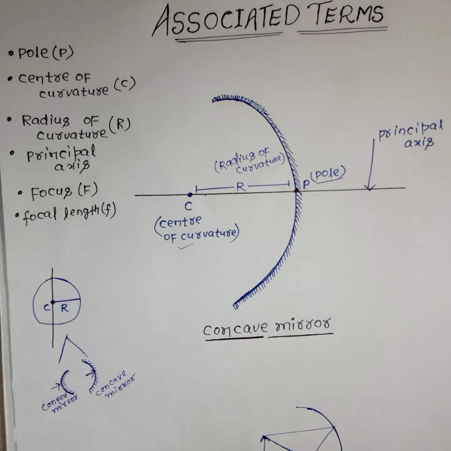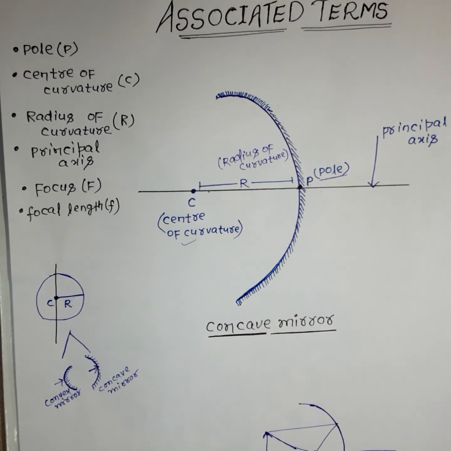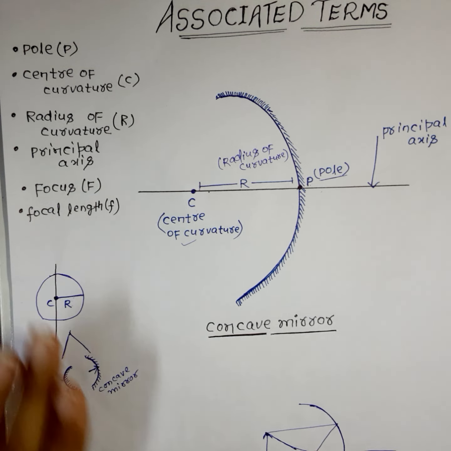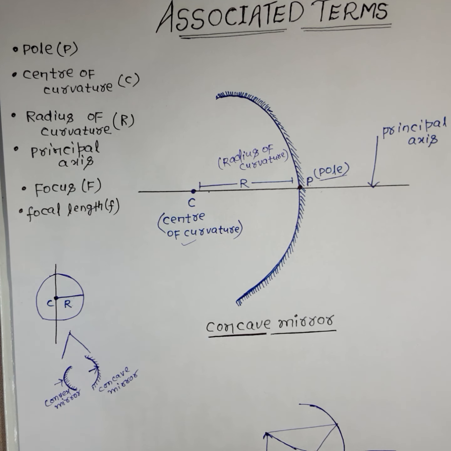Okay. Then next one is focus. What is focus? This is where images are formed. In a circle or any sphere, it is the meeting point of the reflected ray.